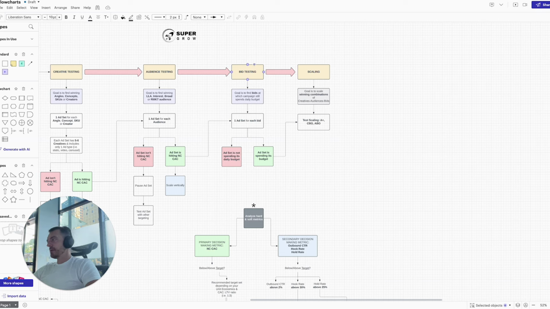So you want to have a bid when you're spending, and you want to stack as many winning post IDs in that campaign, whether it's an ABO or a CBO campaign, doesn't matter. And you can stack 5 to 6 winning creatives inside of that one.